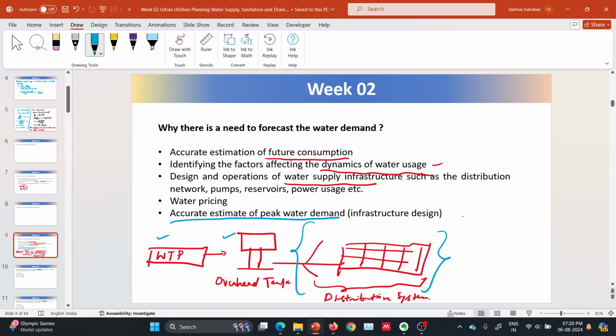We'll study about this maximum hourly flow in fluctuations later. We need these pipelines in water distribution, designed for maximum hourly flow. So when there is a fire or something, we need to take care of peak water demand also and fire demand also. So that's why we need to know water demand.